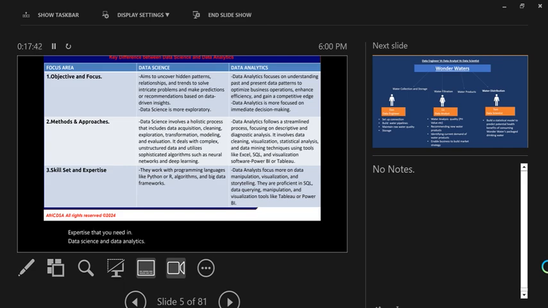So let us start with the objective and focus, for data analytics and then data science. Data analytics focuses on understanding past and present data patterns to optimize business operations, enhance efficiency, and gain a competitive edge.